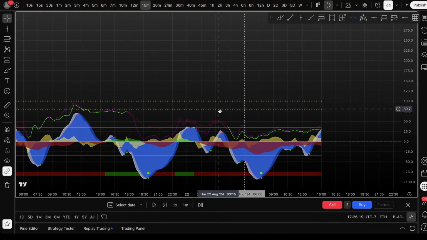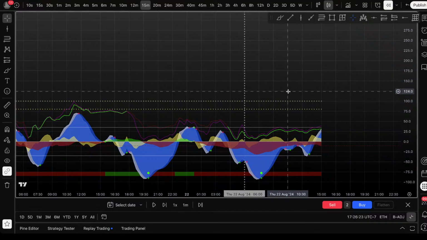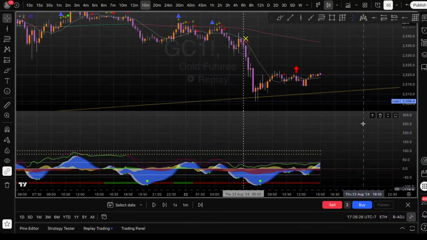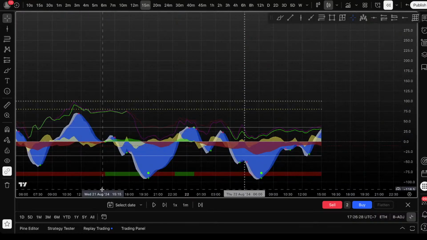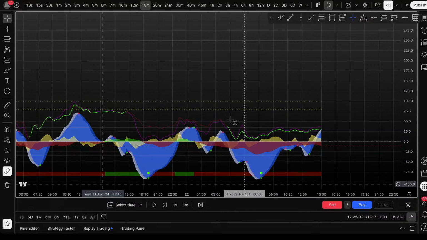Okay, so here's where we thought to enter. Let's get a screenshot here. I kind of want to show this up, down, up kind of slingshot pattern as well.